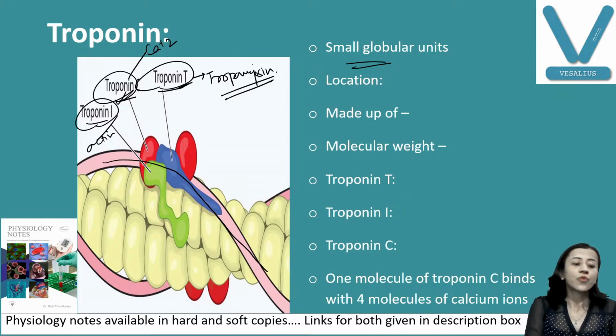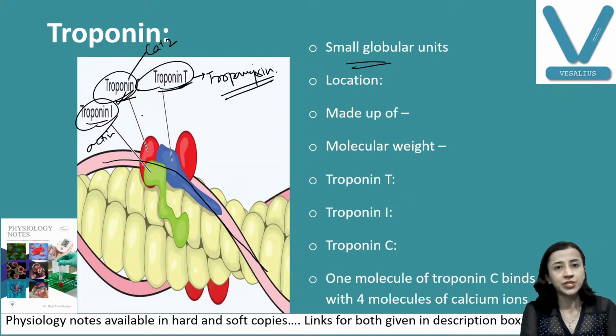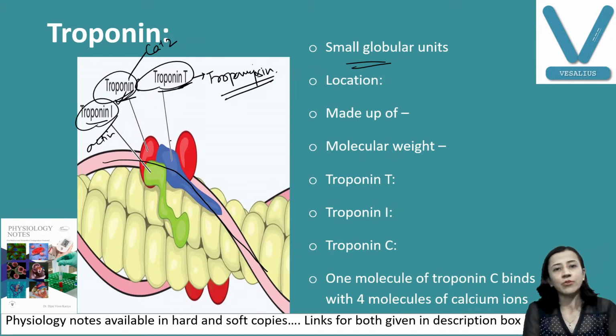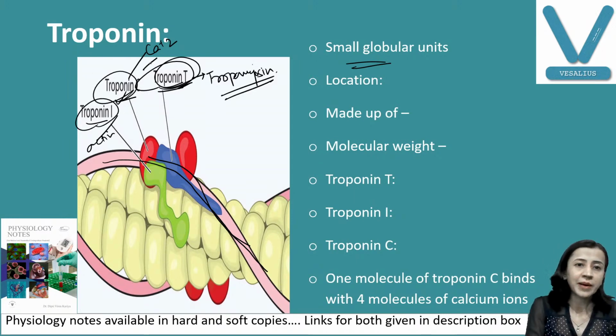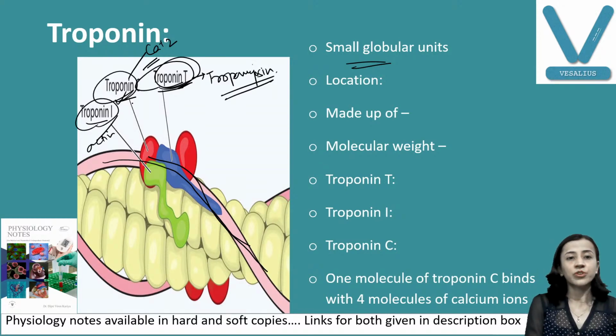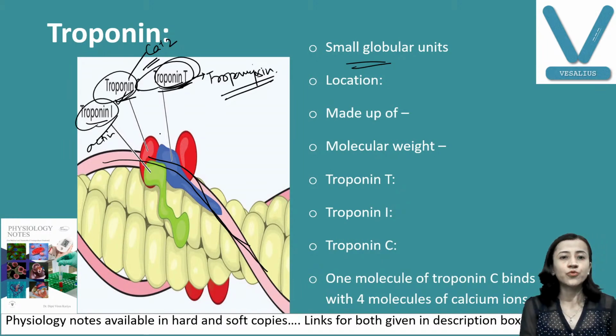Now, what happens in resting condition? In resting condition, troponin binds with tropomyosin and this complex covers the active site. And troponin I binds with the actin. Now what happens when muscle contracts? Calcium ions bind with the troponin C, and when calcium ions bind with the troponin C, the troponin-tropomyosin complex is removed from the actin molecule.